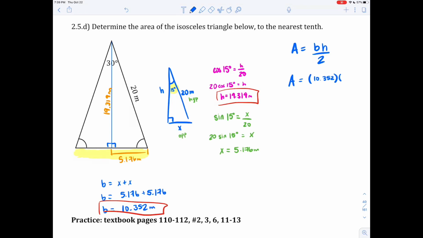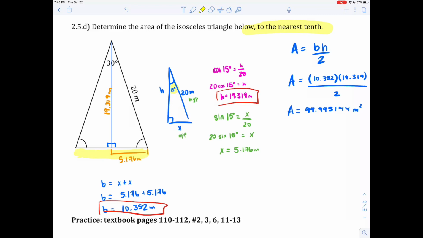My h would be 19.319. And those would multiply and divide by 2. When I do that, I should end up with an area of 99.995144. My units for my area are meters squared, but wait, I need to make sure my answer is rounded to the nearest tenth.